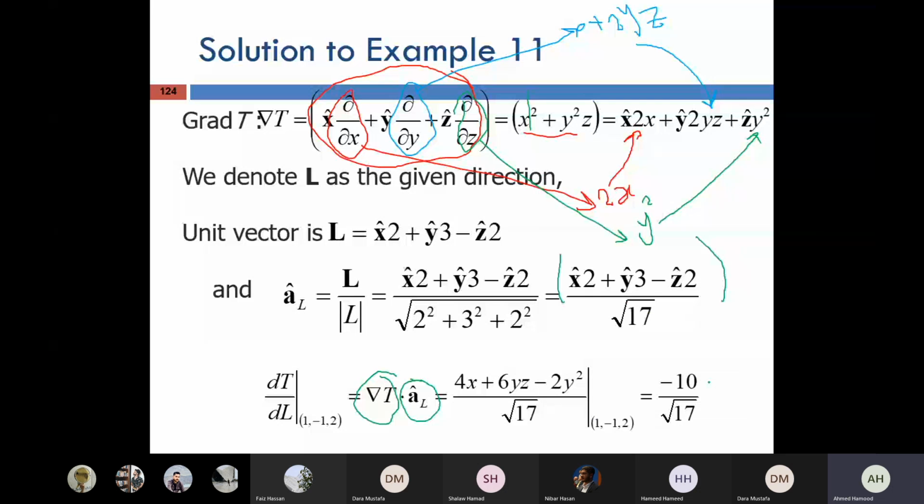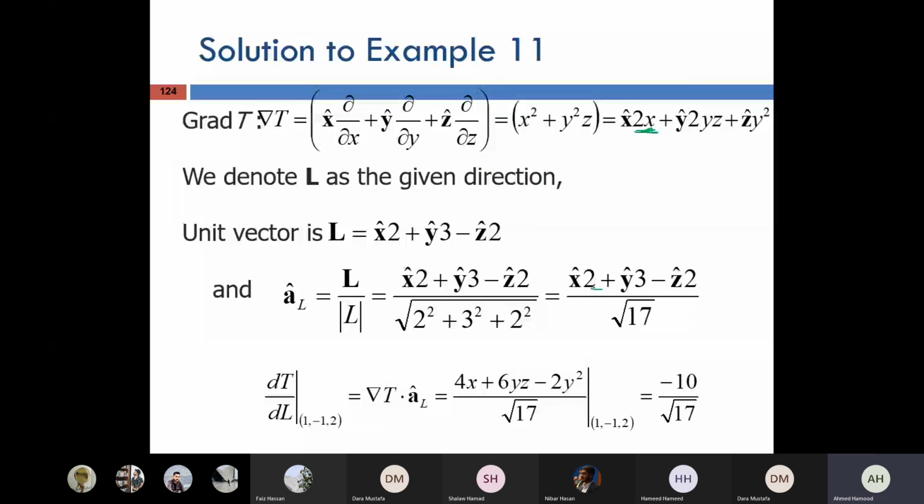Okay, you have 2x multiplying by 2. 2x multiplying by 2x vector, so is equal to 4x vector times x vector, which is equal to 1, so is equal to 4x.